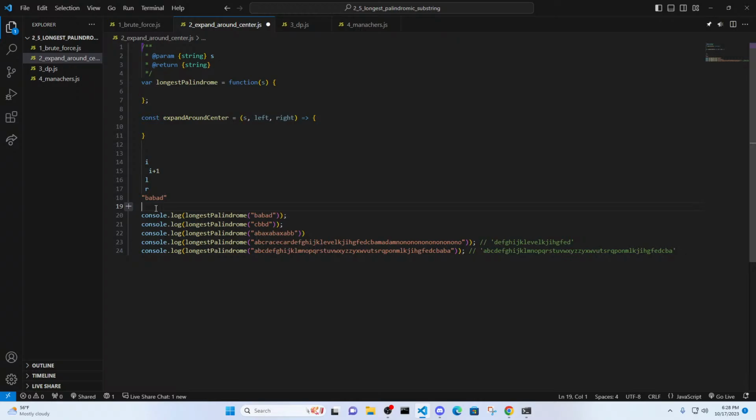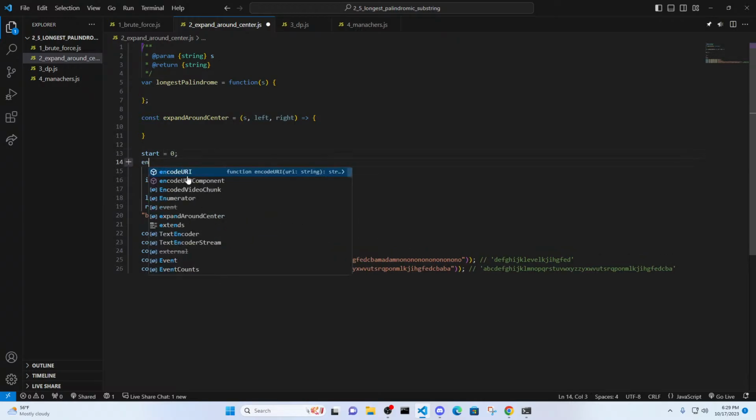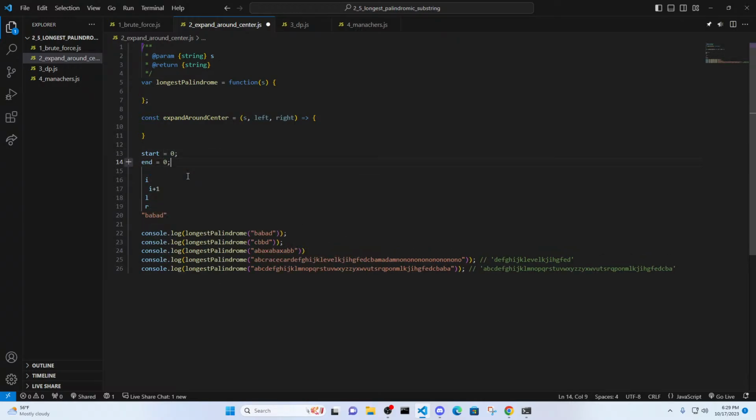If it is, then we'll continue with the function. If it's not, we'll just return the string. We'll create a start and an end variable to keep track of where the longest palindrome starts and ends. So we're going to have start equals 0 and end equals 0 to start off with.